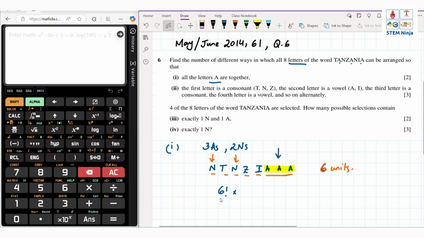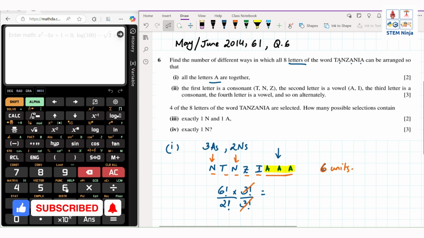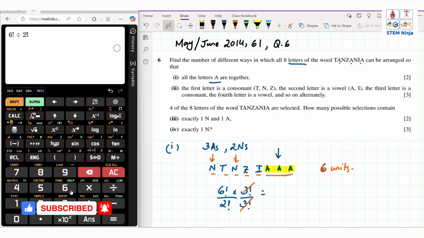So we will do divided by 2 factorial. If you want to deal with this group of A, you can do 3 factorial divided by 3 factorial also. However, it's not needed, so we will just cancel them out. So you will have 6 factorial divided by 2 factorial, which is 360.